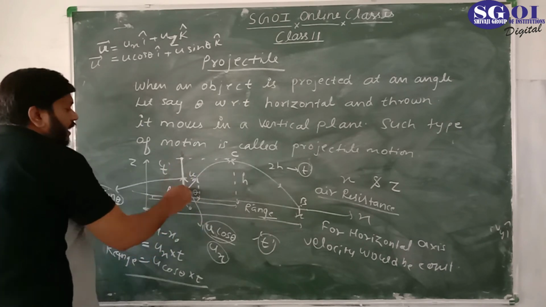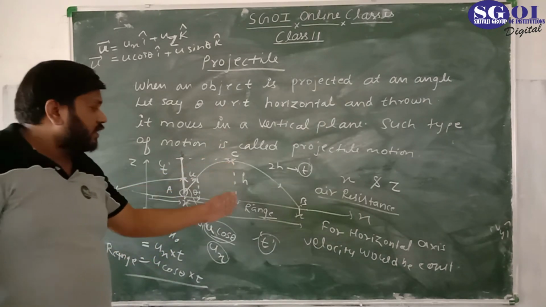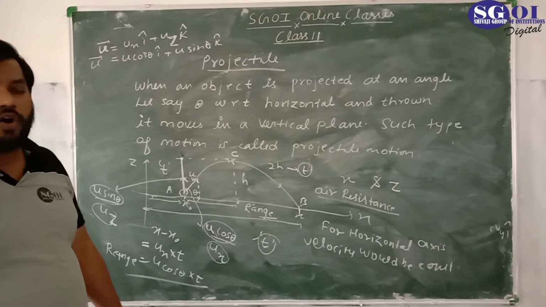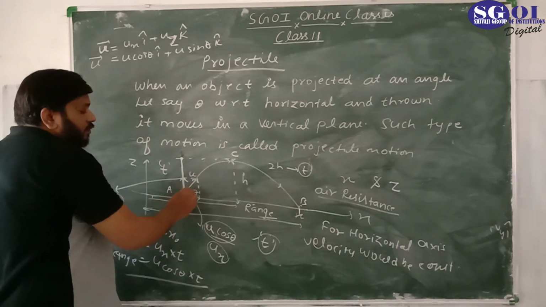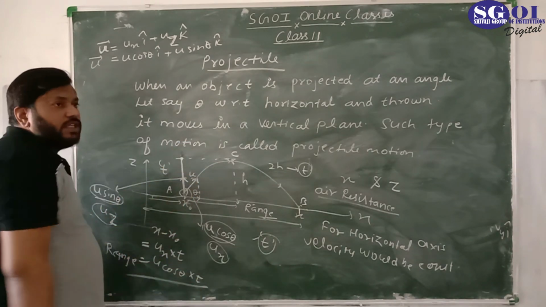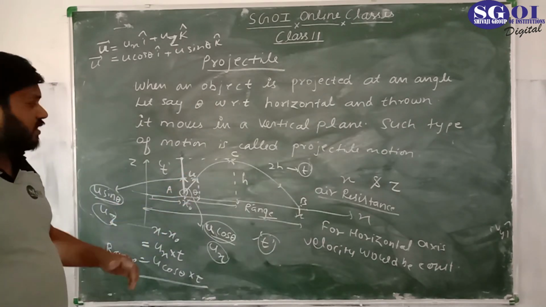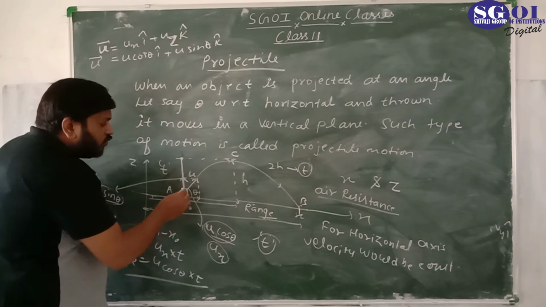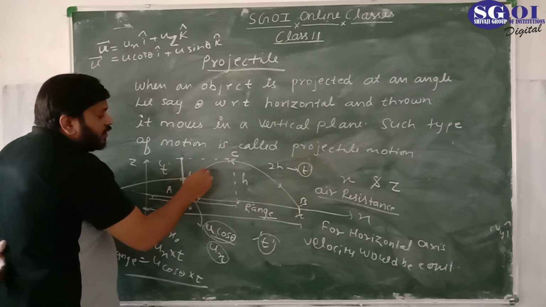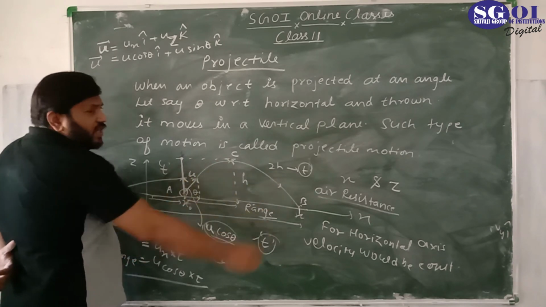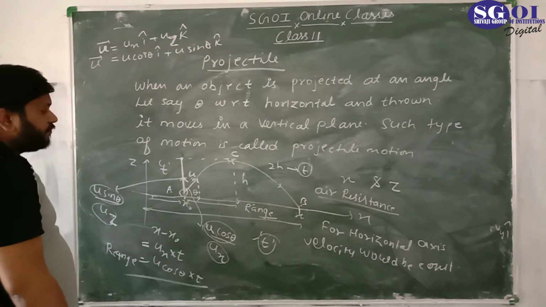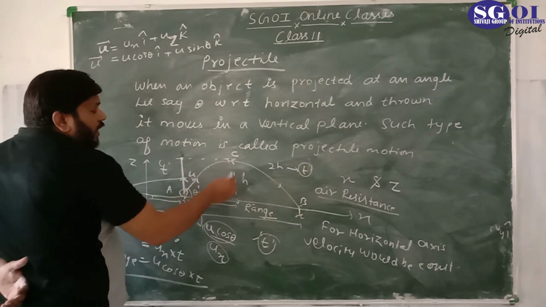And if you want to find this distance, this is the maximum height achieved by the object when it is initially projected with initial velocity u. I am asking you a question: if the object is moving in this particular trajectory, what is the velocity at each and every point?